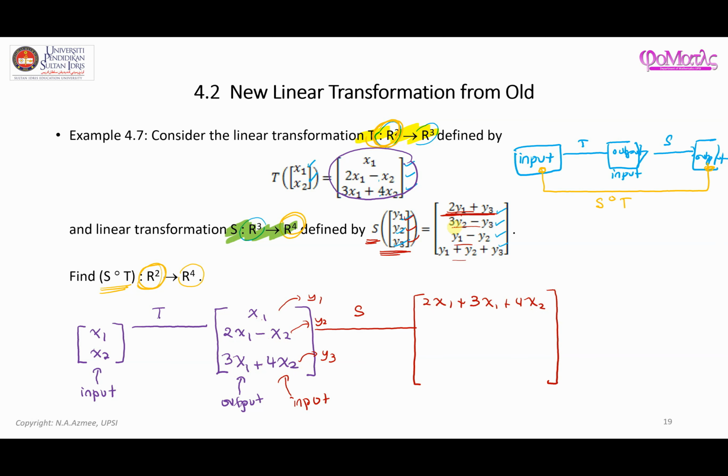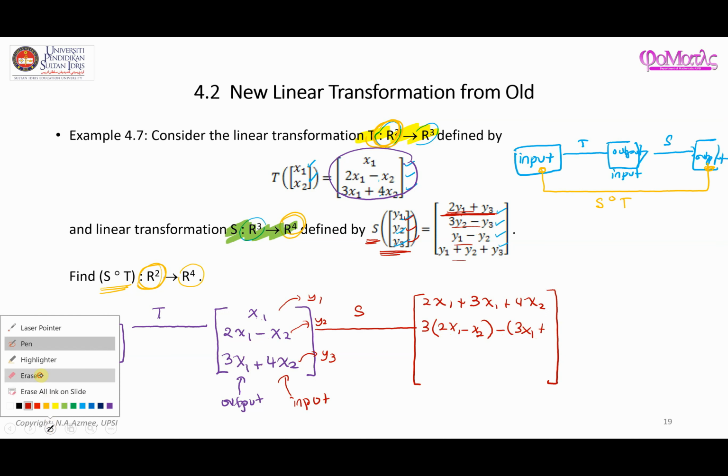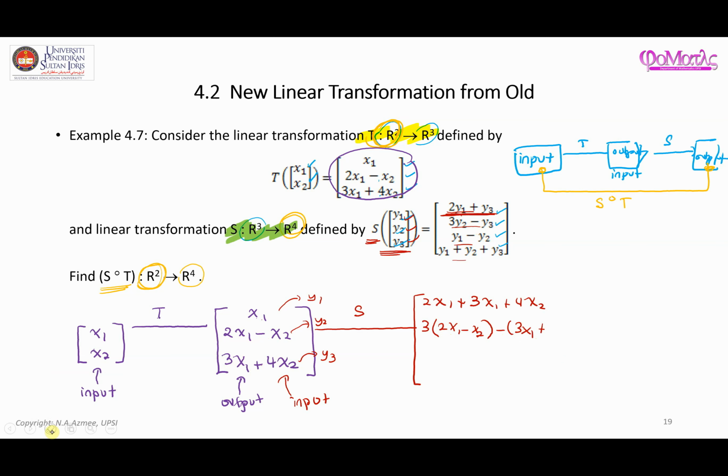And 3y2 minus y3 is 3 times, this is y2, 2x1 minus x2, minus y3, minus this one, 3x1 plus 4x2.